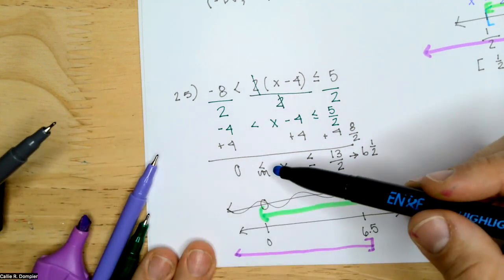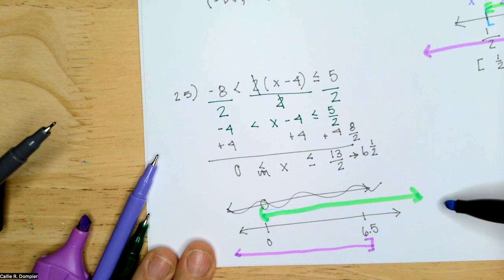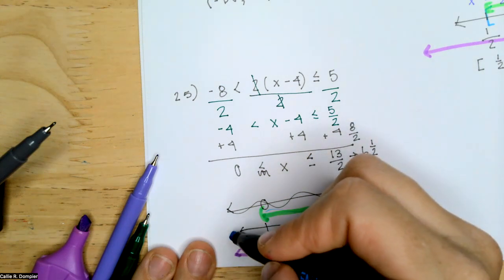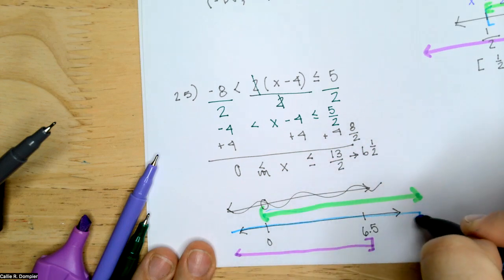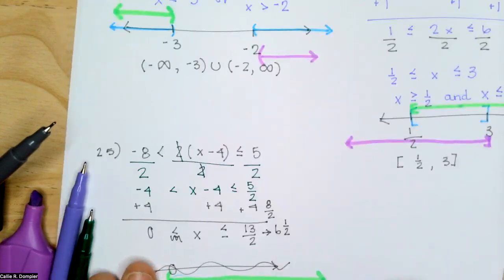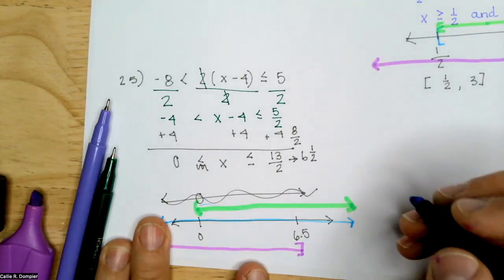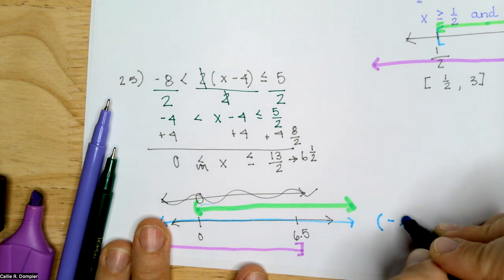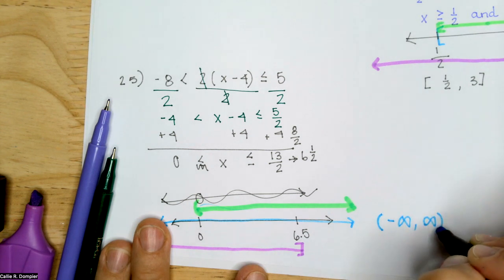So again, that covers every number. It's going to be bigger than 0, so it's going to go forever in this direction, and it's going to be less than 13 halves, which goes forever in this direction. So we say our answer is all real numbers. All real numbers. If that is in interval notation, they might ask you to say negative infinity to infinity.